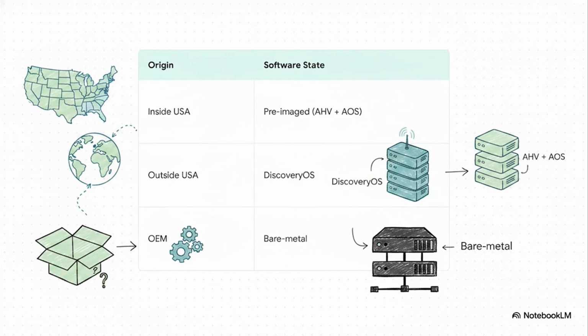For shipments outside the USA, due to various international export rules, Nutanix installs a lightweight piece of software called DiscoveryOS. It is not a full hypervisor, it's really just there to allow the node to be discovered on a network. And third, if you're buying from a non-Nutanix OEM, so a third-party vendor without a direct imaging agreement, that node arrives completely bare metal. No hypervisor, no AOS, not even DiscoveryOS, just totally empty drives.